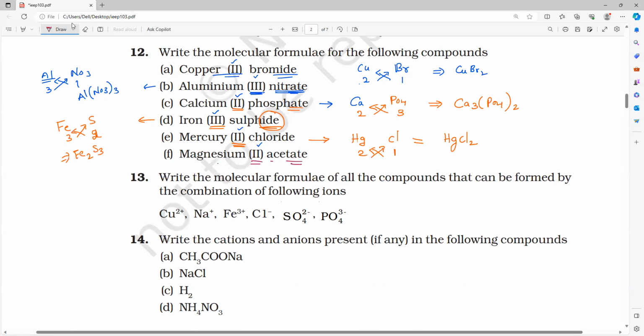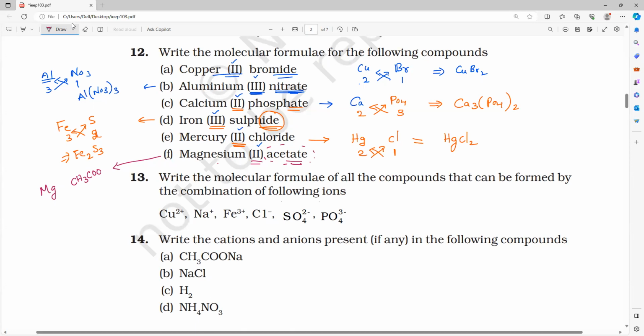Next, magnesium acetate. Acetate, you all don't know. Now you learn. If you know already, I'm happy. If you don't know, now you learn. Magnesium symbol is Mg. Acetate symbol is CH3COO, please learn.